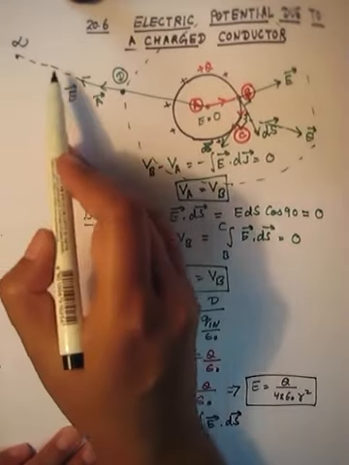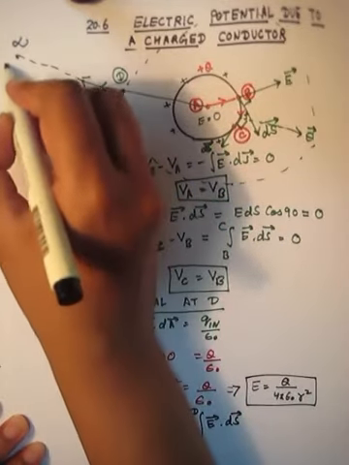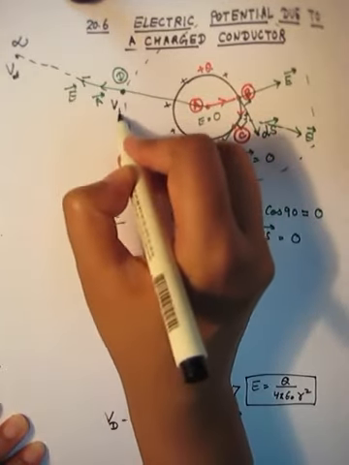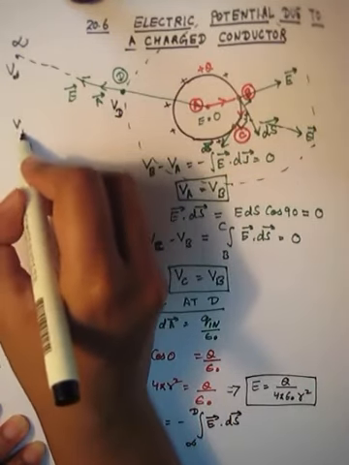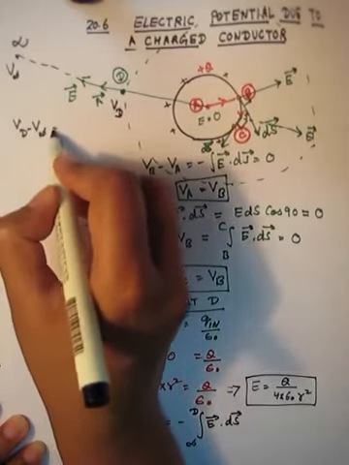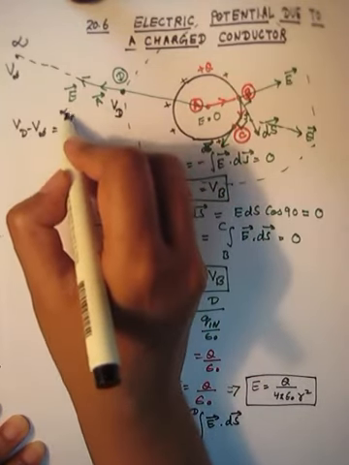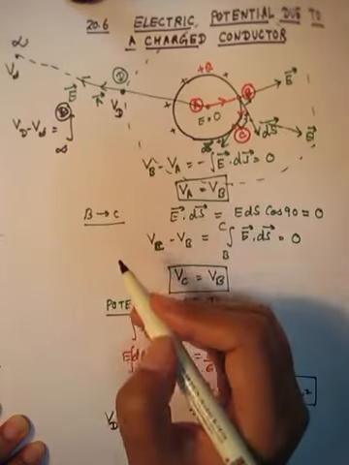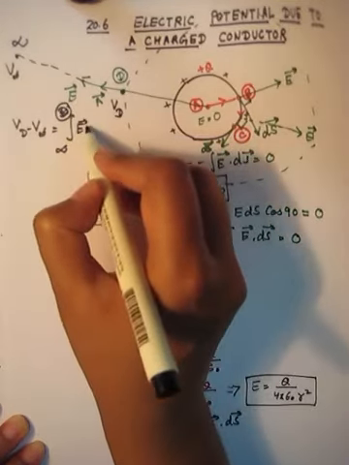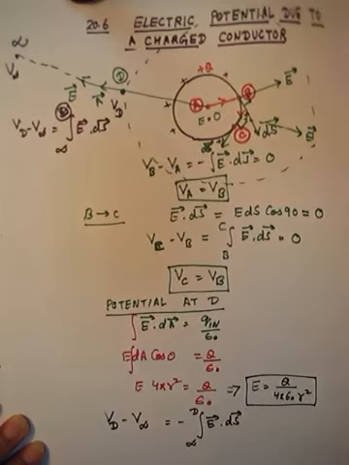We are coming from infinity to d. So the potential at infinity and the potential at d. So final minus initial, Vd minus V infinity, will be equal to the integral from initial to final of E vector dot ds vector. This will be the potential difference between these two points.